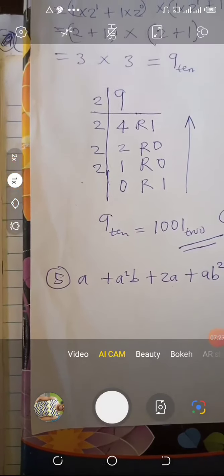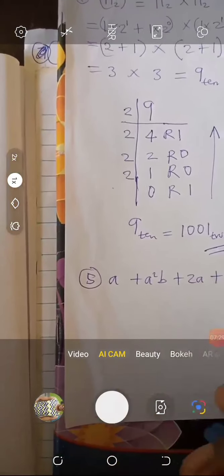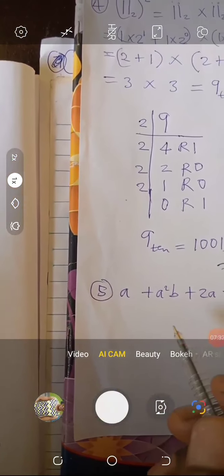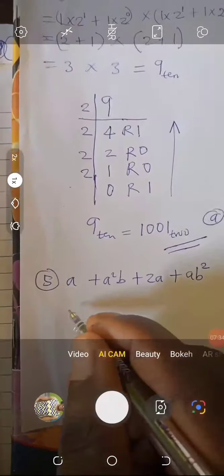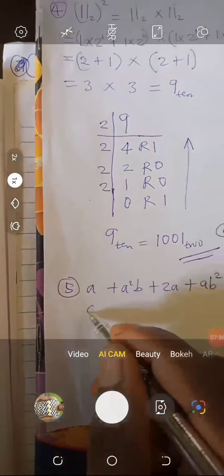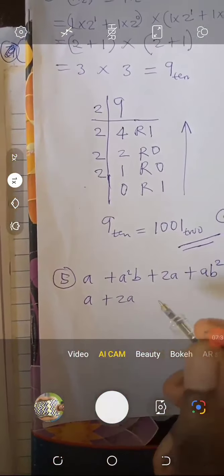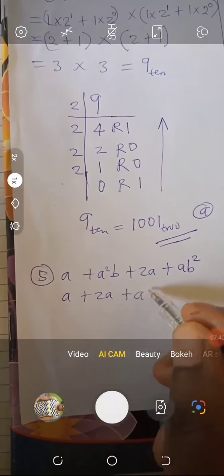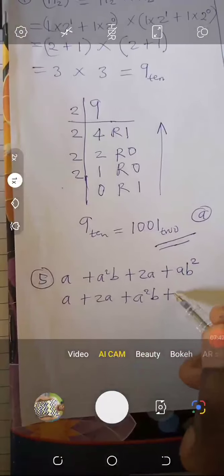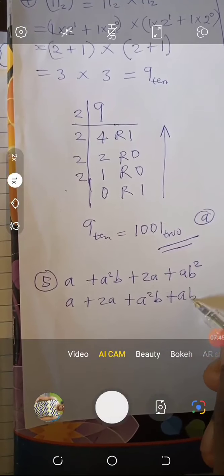So we go ahead, it's very simple. So we look at how to do this. We can actually collect like terms. We have A here, we have A here. So we have A plus 2A plus A square B plus AB square.